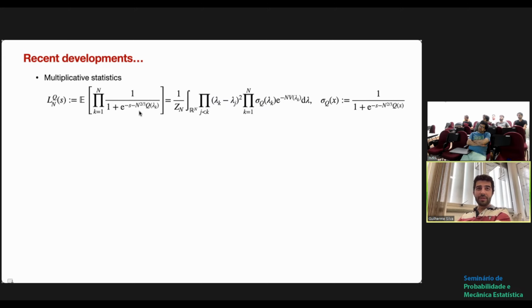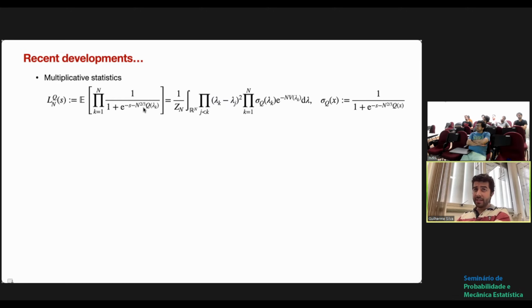So the reason I'm doing this specific statistics is motivated by other works and by other reasons that I will comment on along the way. For now, just take it as I'm taking a function Q here, which I'll later give some more conditions on, but for now, let's just assume that Q is a sufficiently regular function, and then I'm just looking at multiplicative statistics indexed by this function Q, so treat it as a test function.